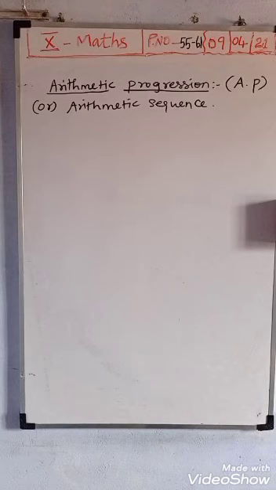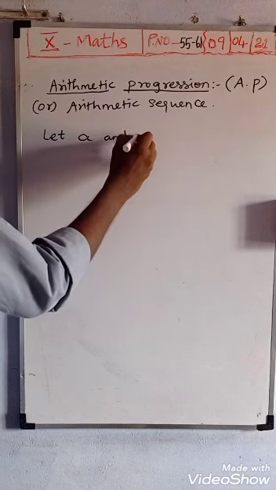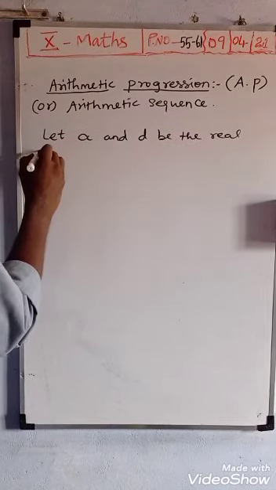What is arithmetic progression, or else arithmetic sequence? You should arrange and write. For example, let A and D be real numbers.